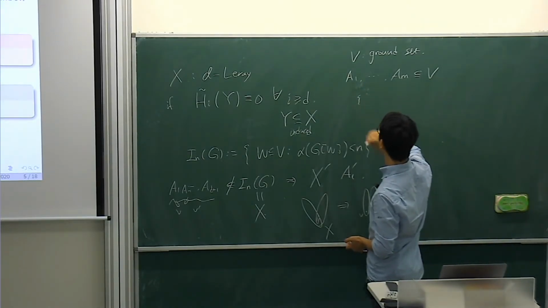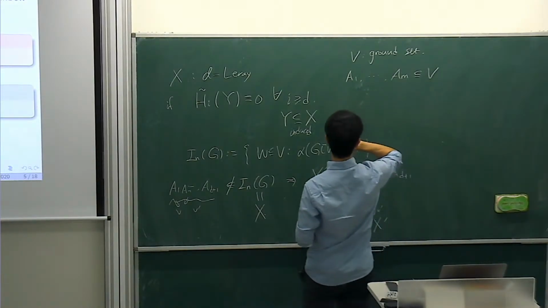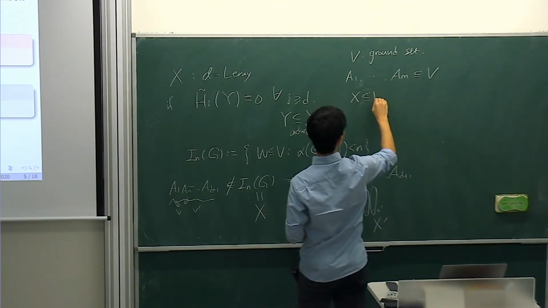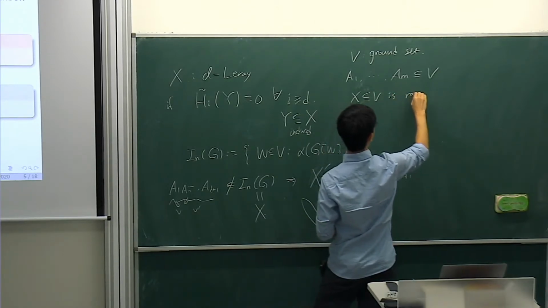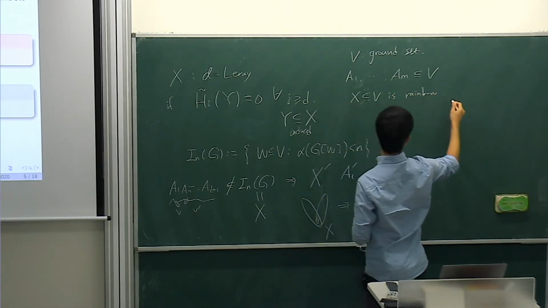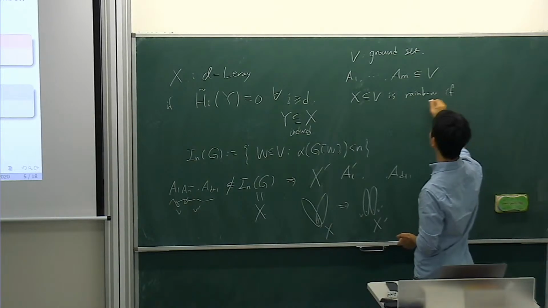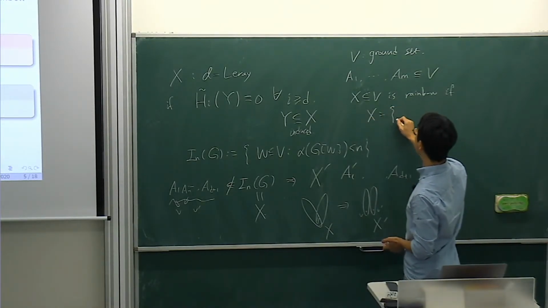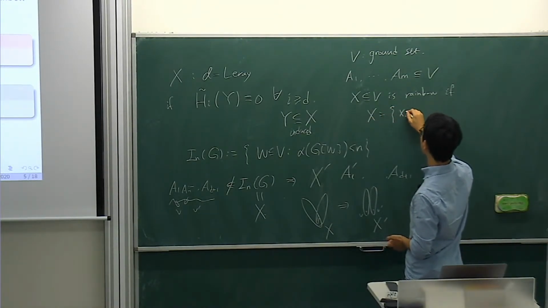So you have a set of size n which is independent, and it covers everything. But why?